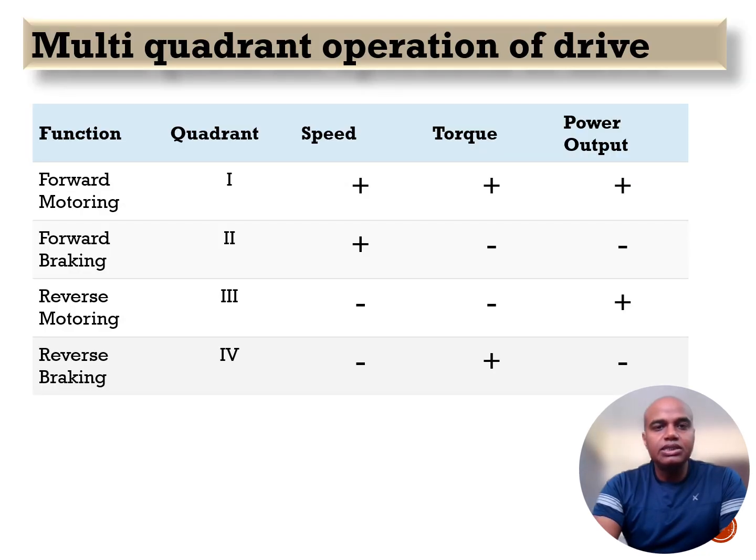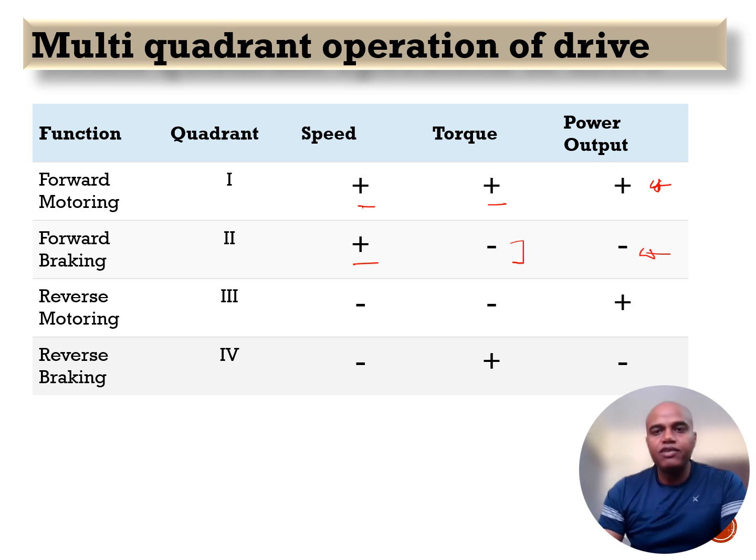So let's quickly summarize the direction and the torque for all the four quadrants. We have seen that in the forward direction, the speed is positive, the torque is also positive, and my power output is also positive. So this is my motoring action. In the second quadrant, forward braking, the speed or direction is still forward, and the torque is opposite to my speed, and therefore the power is also negative.